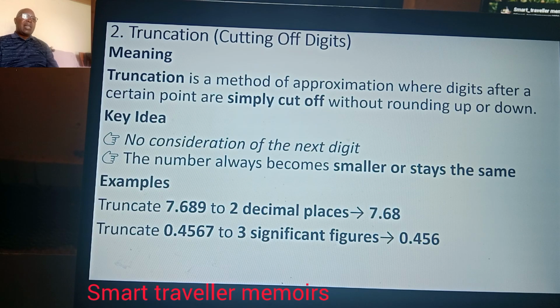Examples: truncate 7.689 to 2 decimal places gives you 7.68. You just cut off 9. Truncate 0.4567 to 3 significant figures: 0.456, you cut off 7.